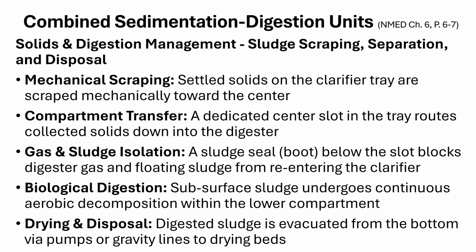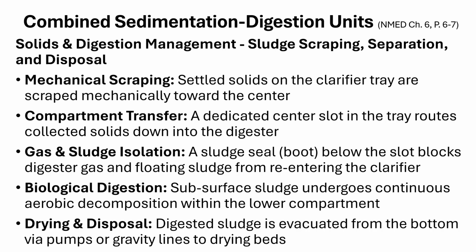So we are basically walking through a package plant like this. We've got the influent coming in, goes through the preliminary treatment, the bar screens, what have you. It gets applied to a clarifier at the top of the combined unit, where that settling takes place, and then the clear liquid, or the supernatant, or decanted, flows over the weirs, and then the sludge gets raked to the center bottom of that clarifier on top of the unit, gets passed down to the digester.